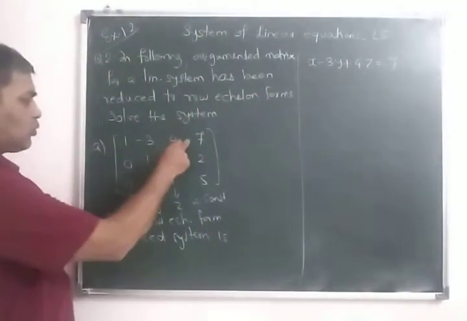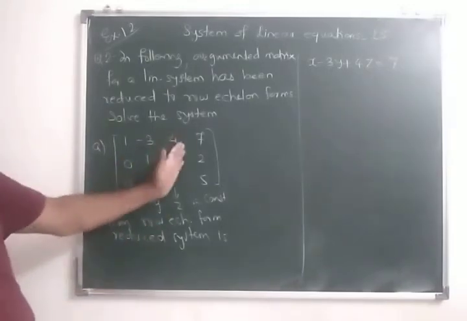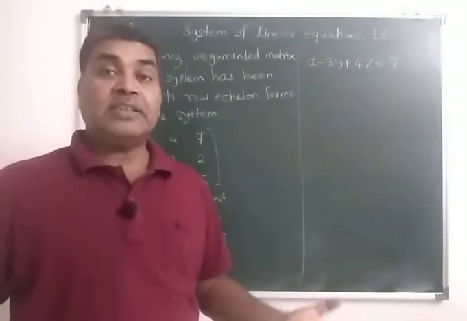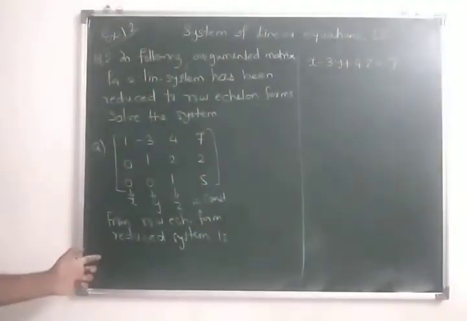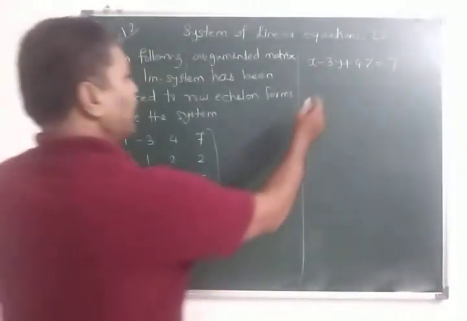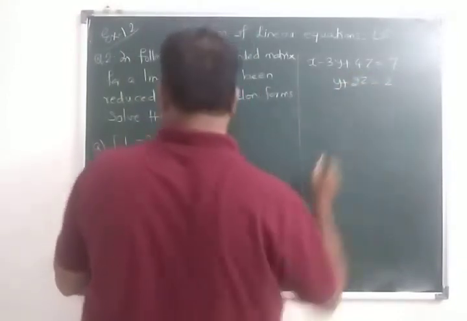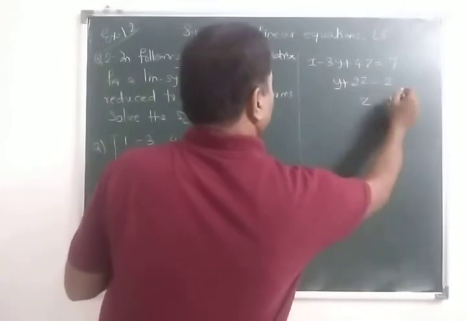In our matrix, this vertical line is not given. So you have to assume that the last column is the column of constants if it is the augmented matrix form. Then the second one is 0x plus y plus 2z is equal to 2. And the next one is z is equal to 5.